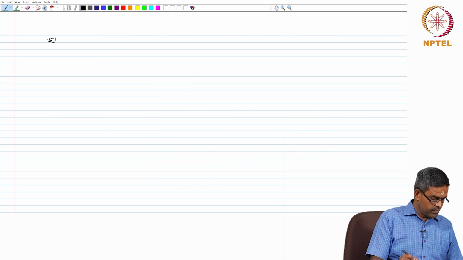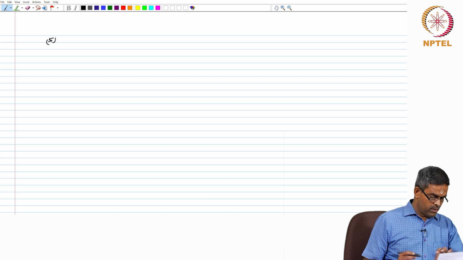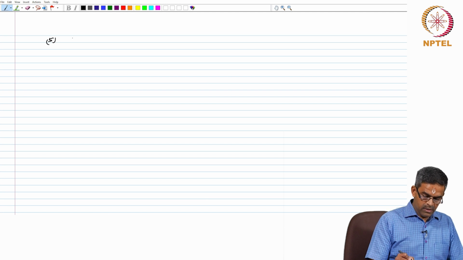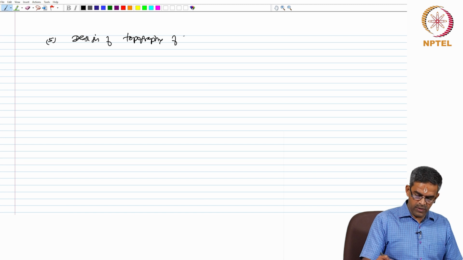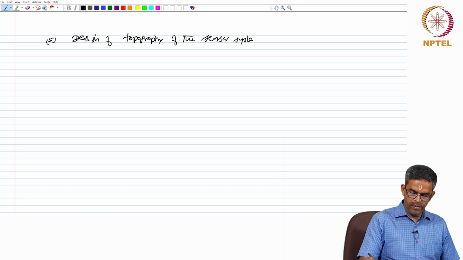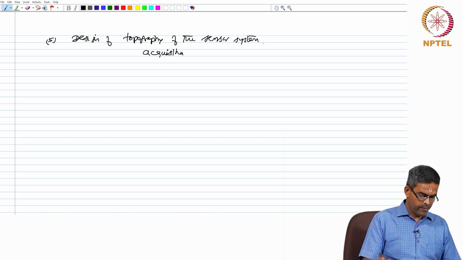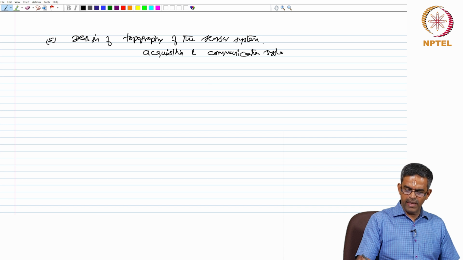Further, design of topography of the sensor system, acquisition system and communication system is also important in SHM planning.